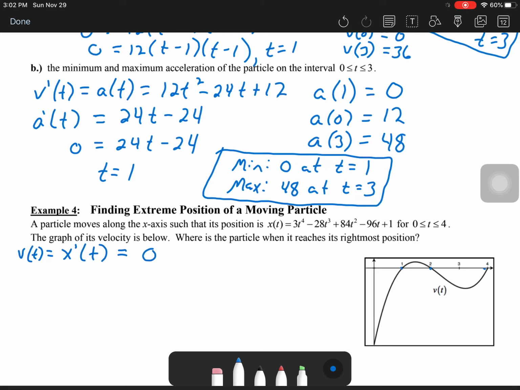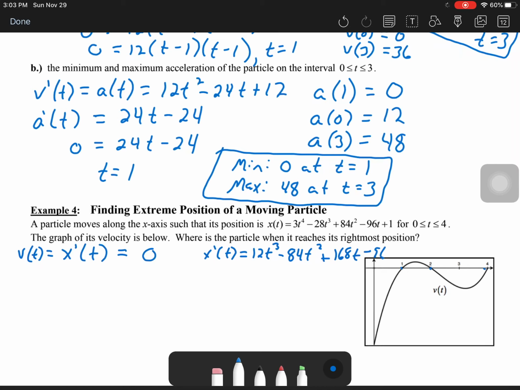Now what we probably should do is say, well, x prime is equal to, and then we take the derivative and see that it's 12t cubed minus 3 times 28 is 84 t squared, and 2 times 84 is 168 t minus 96.